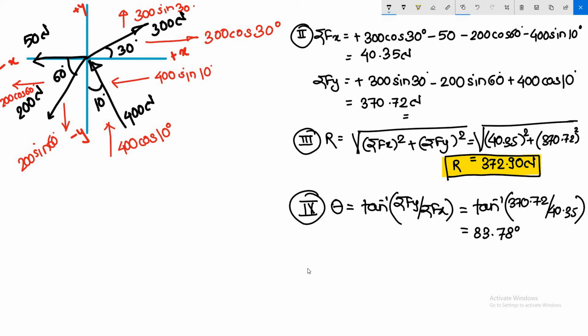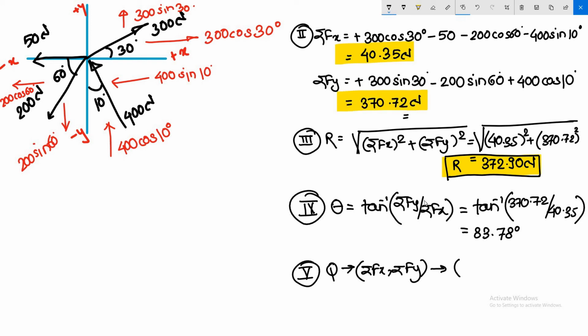The final thing we need to know regarding our resultant is its quadrantal position, in which quadrant the resultant lies. For that we need the sign convention shown by summation Fx and summation Fy. Summation Fx has a positive sign, summation Fy has a positive sign.